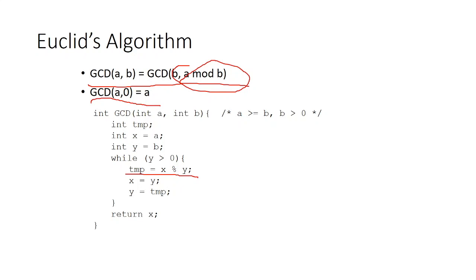In that case, the first part will be the final answer. So using this algorithm, we can find the greatest common divisor.